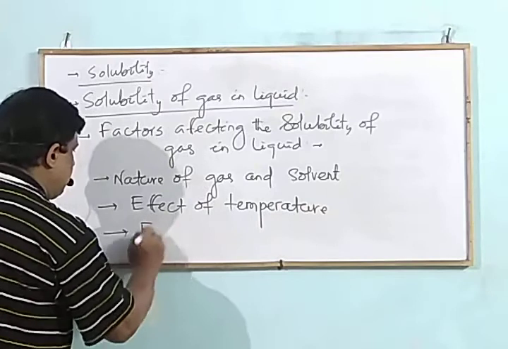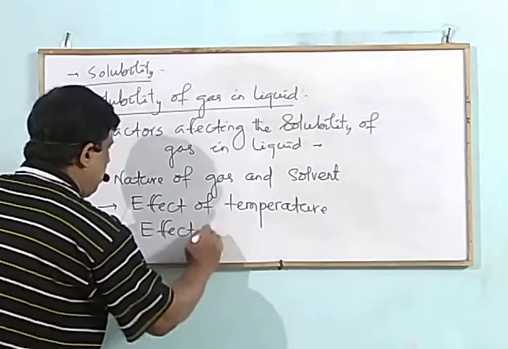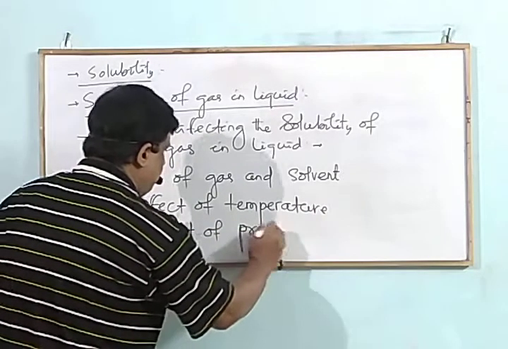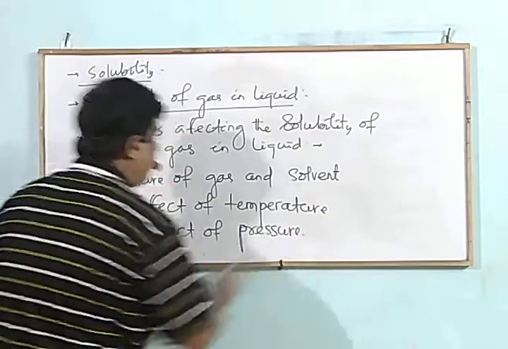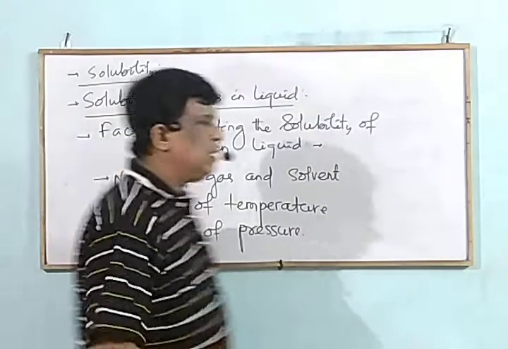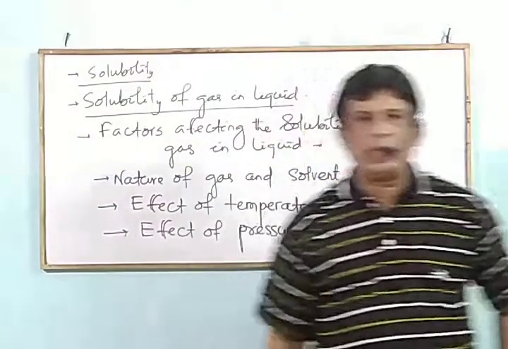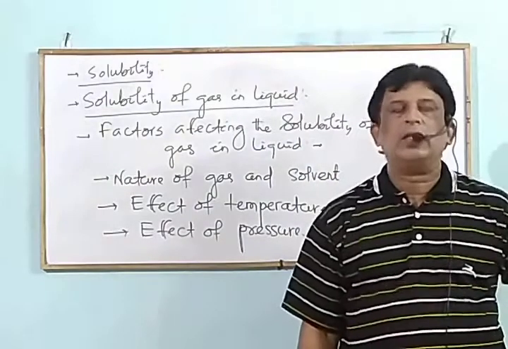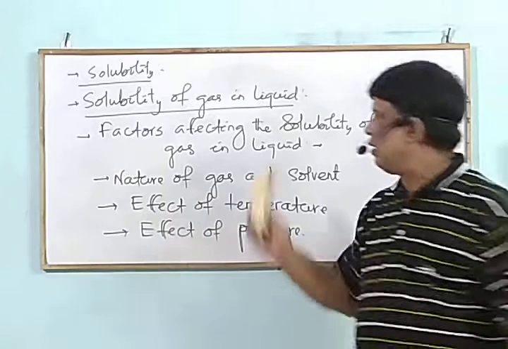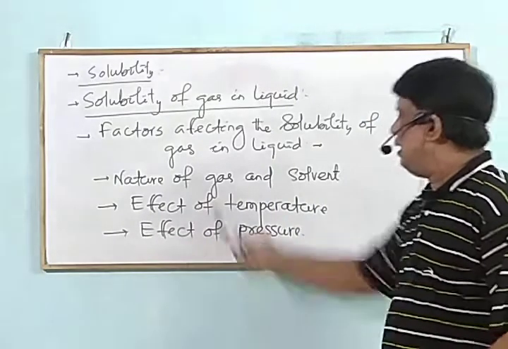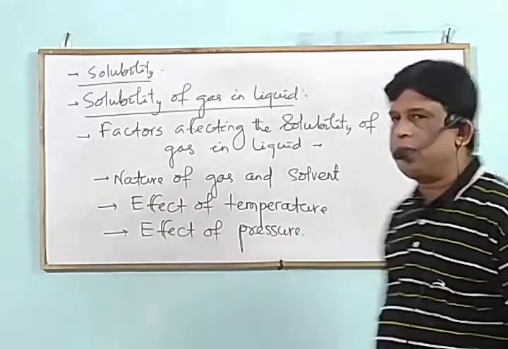Next is effect of pressure. We have to discuss one by one. There are three important factors which affect the solubility of gas in liquid. Point 1 is the nature of the gas and the solvent.